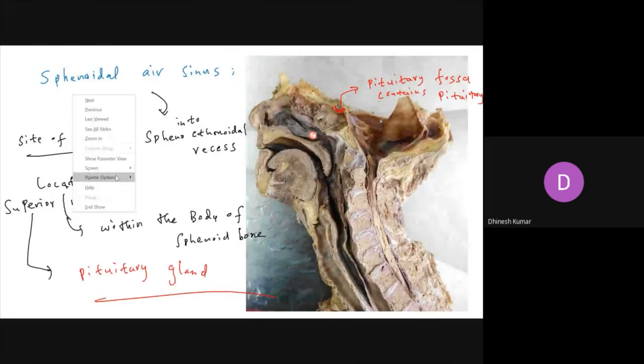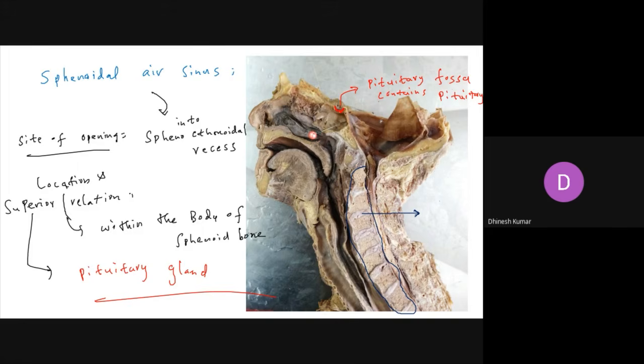And one more thing, very rarely they may pin this particular area. Actually what I am tracing now is the vertebral column, isn't it?